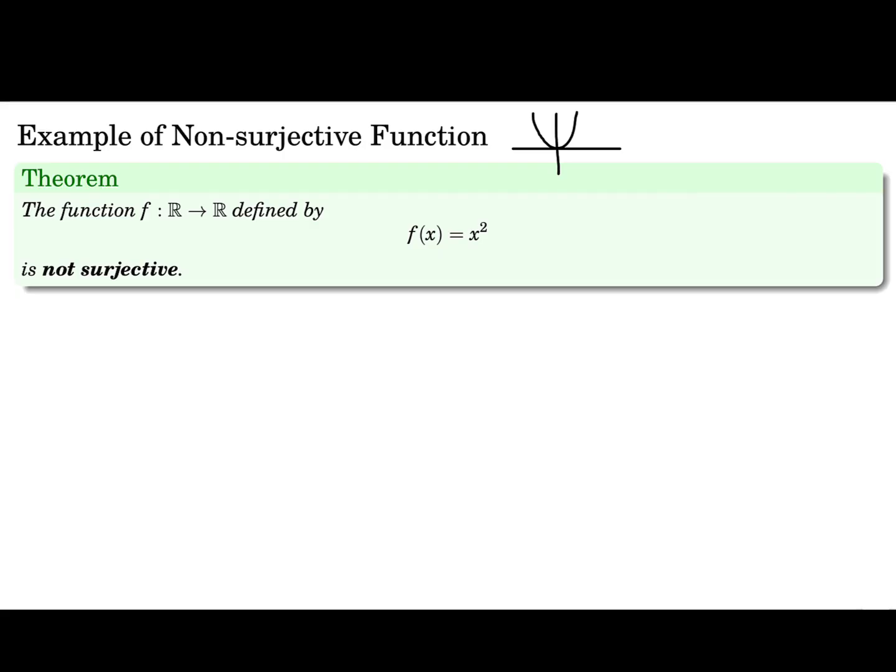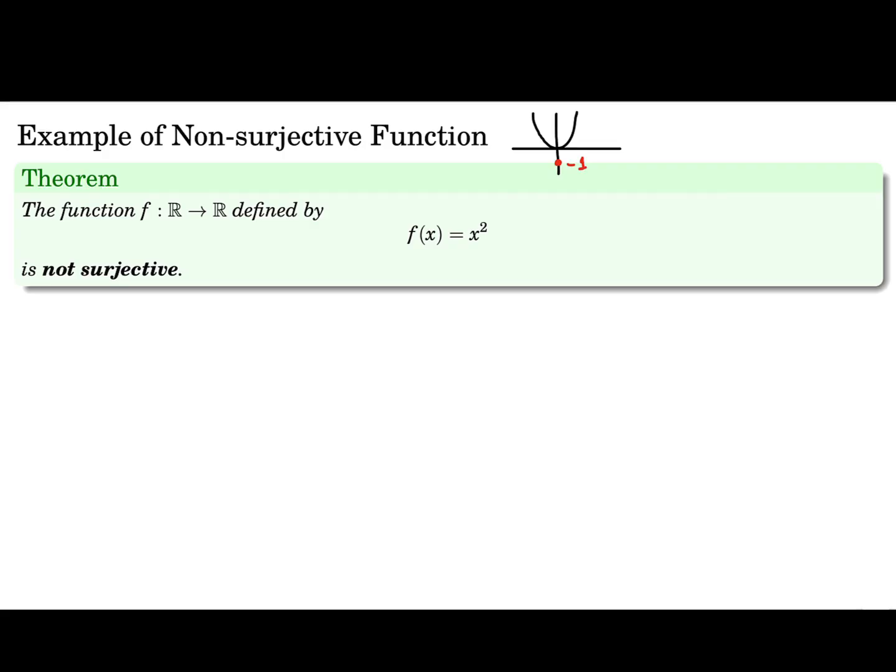Now the idea is that if we look at the codomain here, we want to find, is there an element that is not the output of any element? And here it's easy to visually see that that's the case. If you take a negative point here, you will see that there is no value of the function that gives you this negative point. The function doesn't pass through it. So we could take, for example, minus 1.